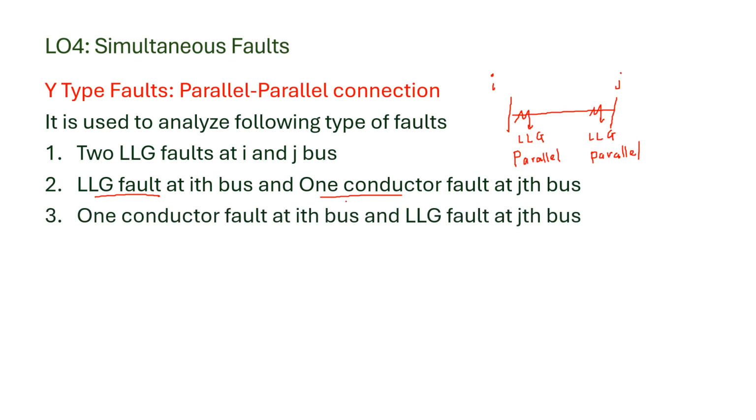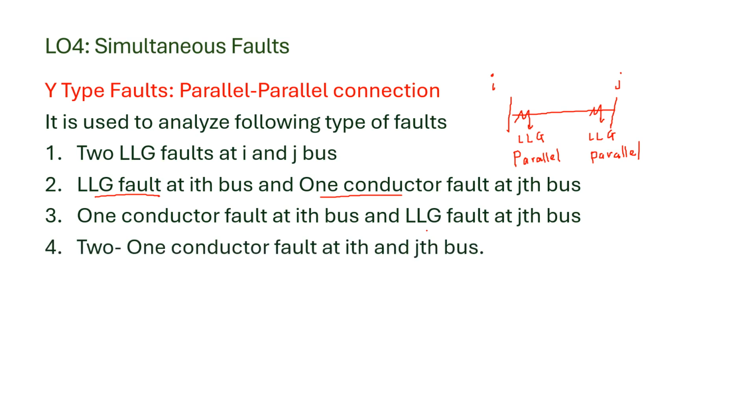Then we can analyze one conductor fault at ith bus and LLG fault at jth bus. It is vice versa. Then the fourth, if one conductor fault has taken place at ith and jth bus, it is also called as Y type of fault, and it is called as parallel connection. This is the same way we should write in the exam also. If they ask this Y type of fault, then we can write this.